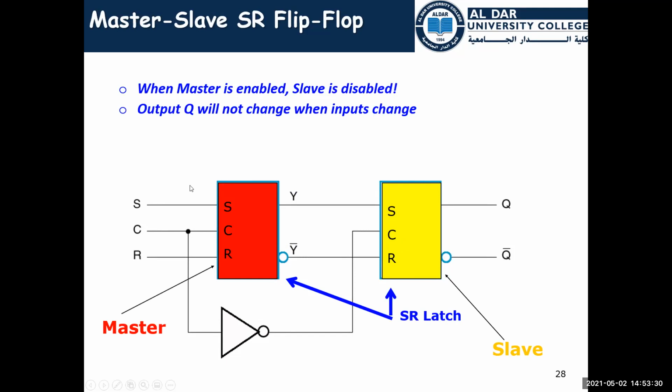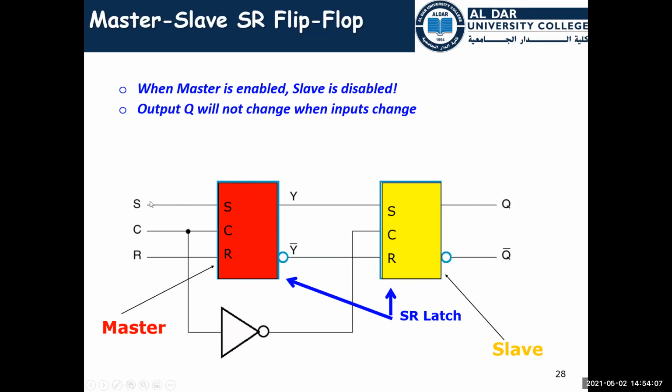This way we have transitions from S to Y and from Y to Q. This is not transparent, as we know the expression of transparency, where S would be transparent with Q. We will not have S directly as an output to Q at each edge, but at a specific time interval, because one of the circuits is enabled.